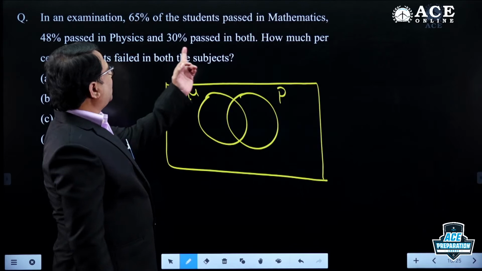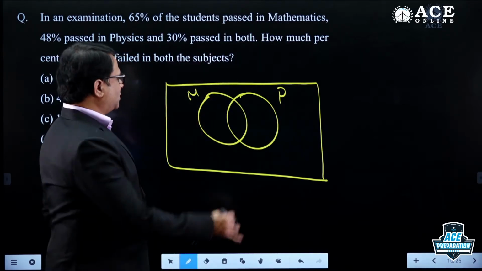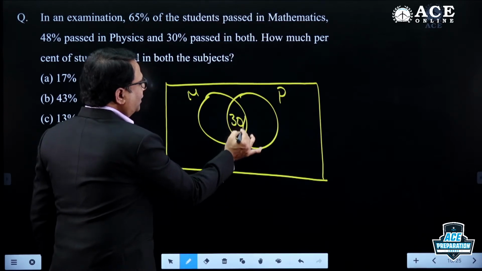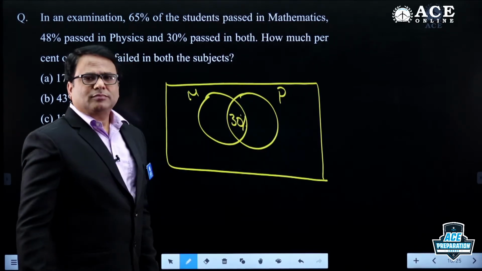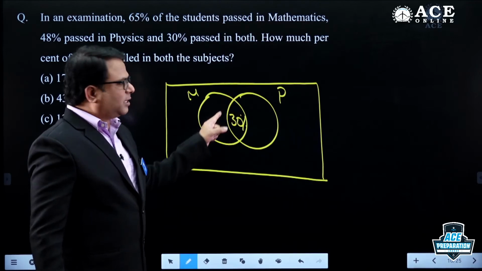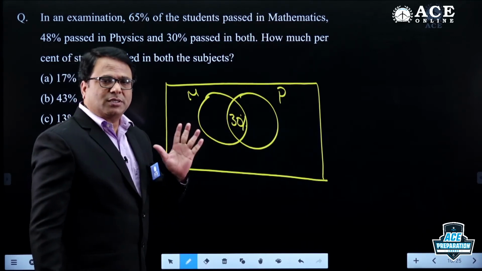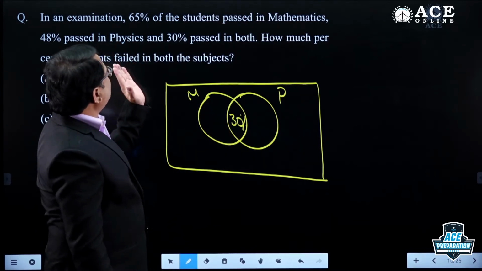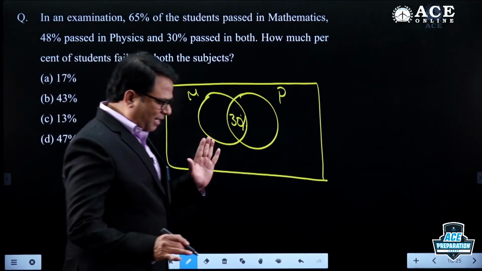Now, see here, 30% passed in both the subjects. That means this intersection part is represented by 30%, because it is clearly given. Then 65% of the students passed in mathematics.